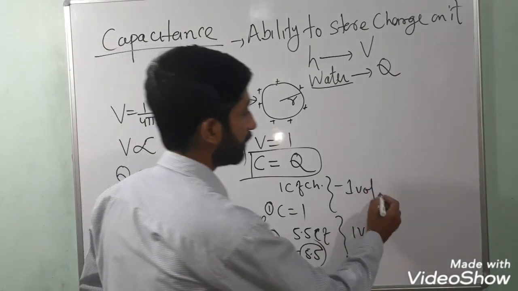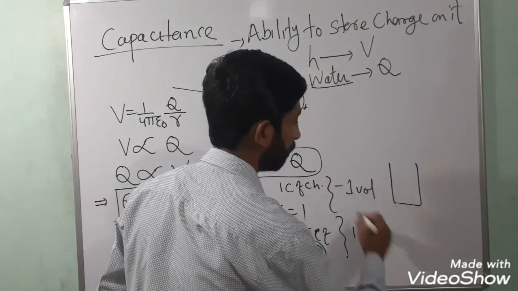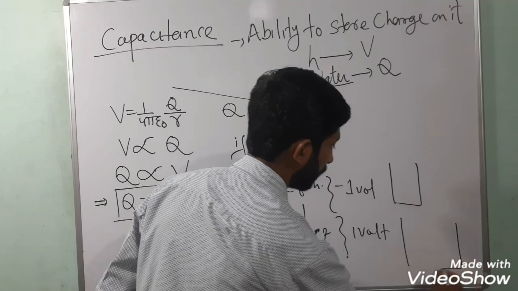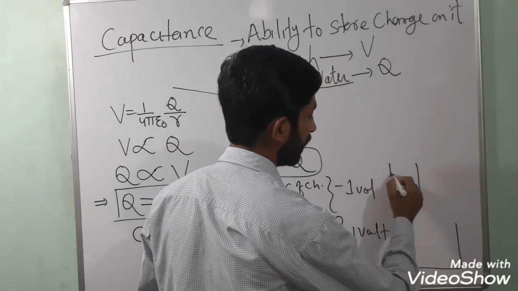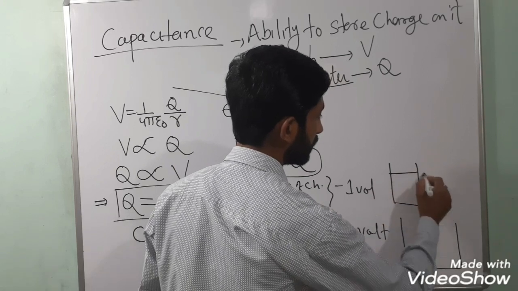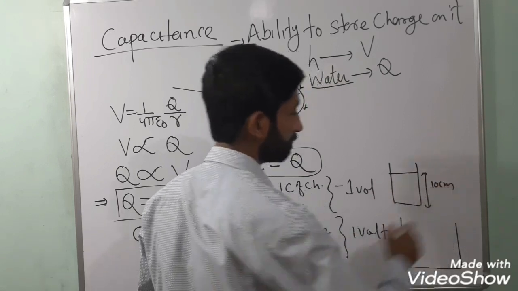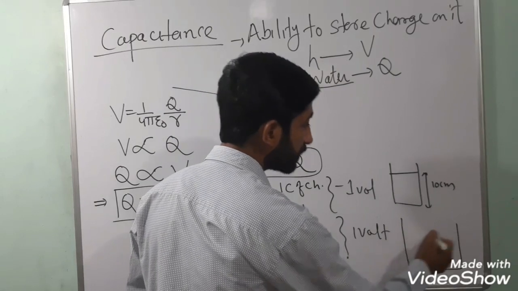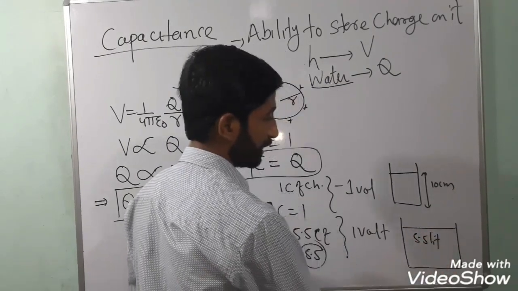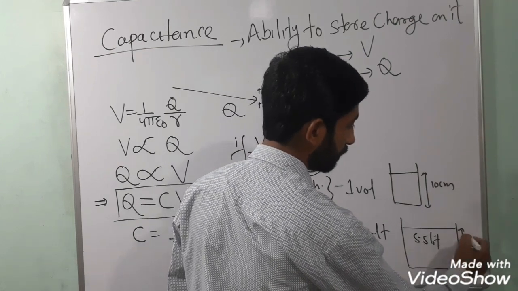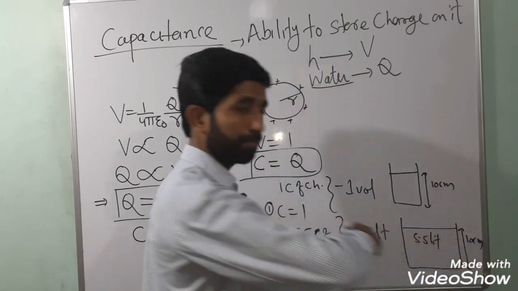So it can be compared with a bottle and another container. When you give 1 liter of water, its height increases by say 10 centimeter, and when this device is given 5.5 liter of water, then and only then its height increases by 10 centimeter.